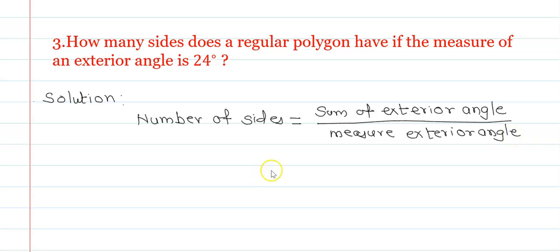Okay, and this will be 360 upon 24. Now the division: 24 ones are 24, the remaining is 12, and 24 fives are 120.